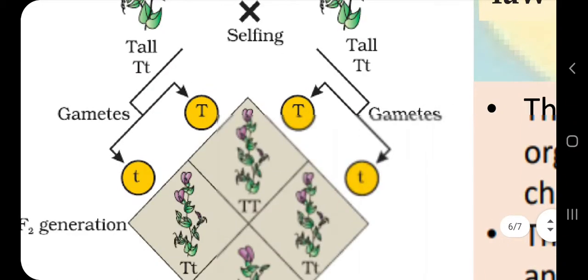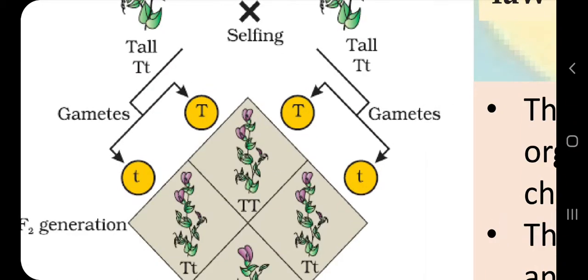So one gamete is receiving the allele for capital T and the other one is receiving the allele for small t. So this is the law of segregation. During formation of gametes, alleles that encode one character separate from each other. In simple terms, we can denote it like this.